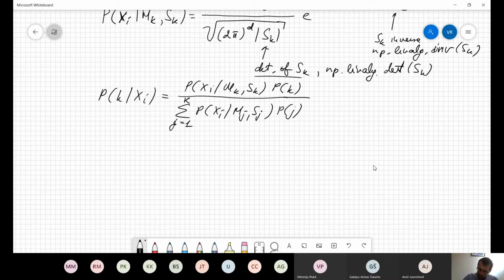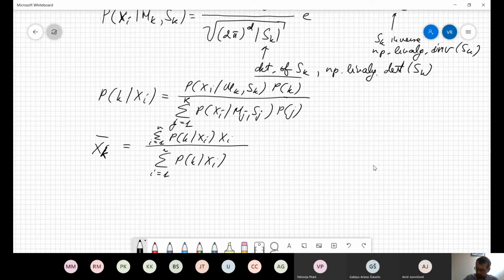Now the calculation of the average of xi, for the cluster k, is the same calculation as before. We loop over all the values, with the probability of k given xi, times xi, and so on. It is exactly the same for sk: you calculate the difference and then square it.